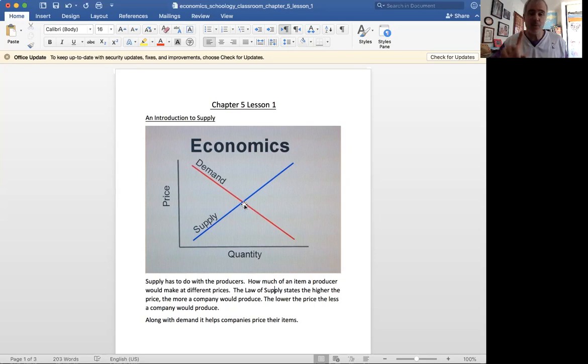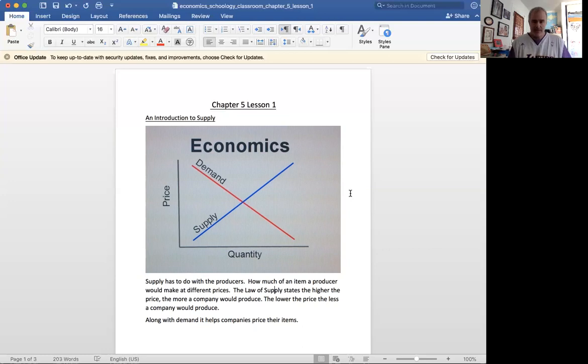And that is where you want to price your item. So for my future entrepreneurs, which I hope there are many of in my class, when you get to this level of economics and you're graphing out your demand, you're graphing out your supply, just remember that where the supply and demand curves meet is really the ideal place to price your item.